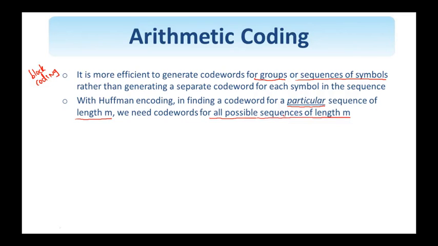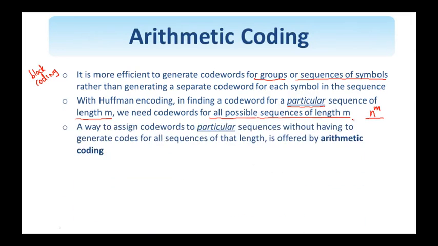And this clearly has the major disadvantage that the size of the alphabet grows tremendously. So if I have an alphabet of size n and extend the source by m, then the new alphabet of the extended source has size n to the m. We would like clearly to address this, and the way to address it is through arithmetic coding.